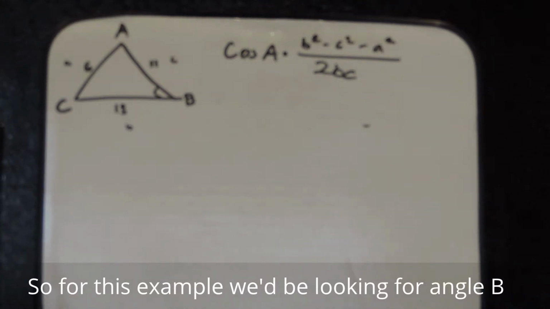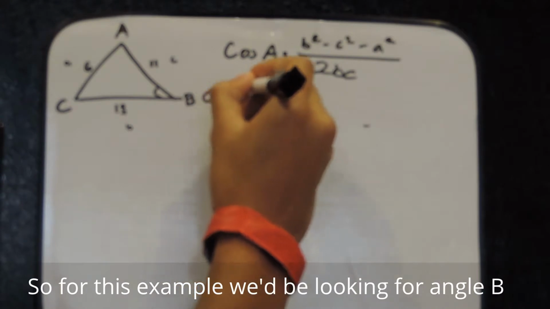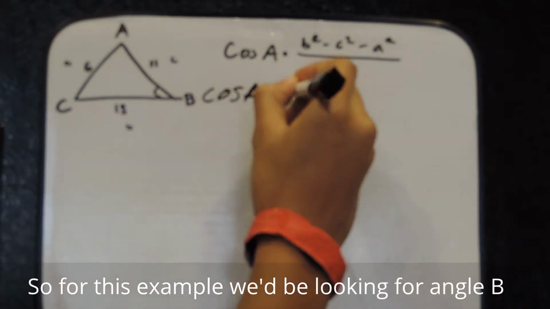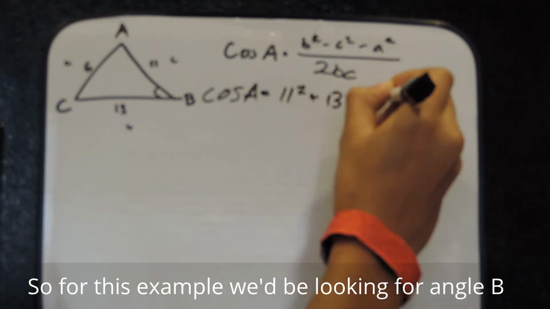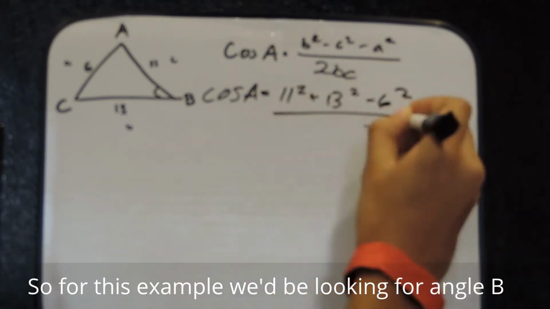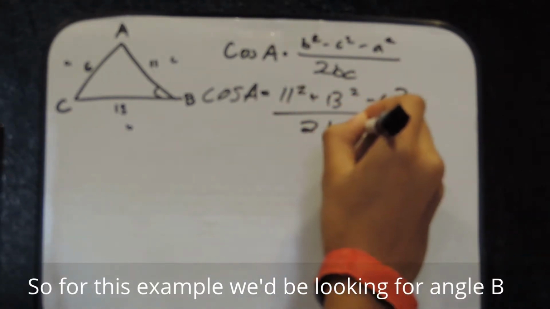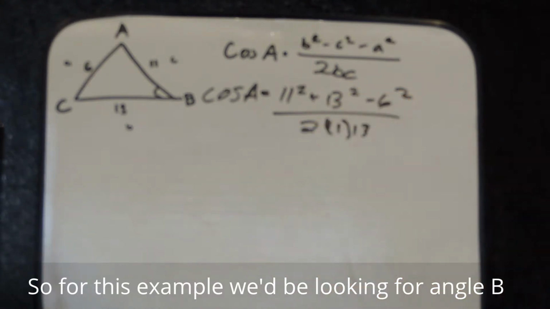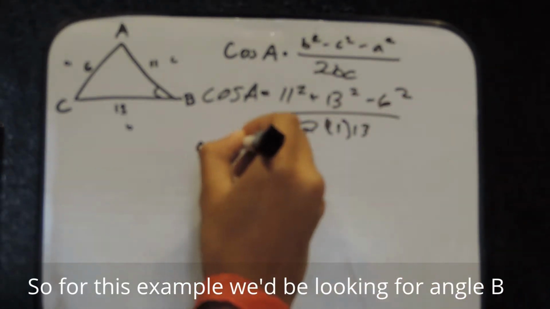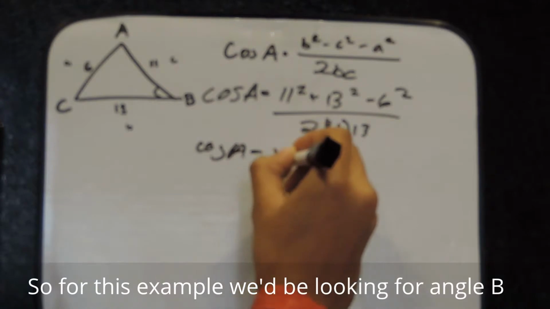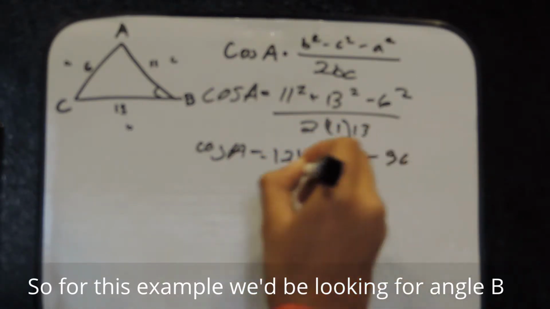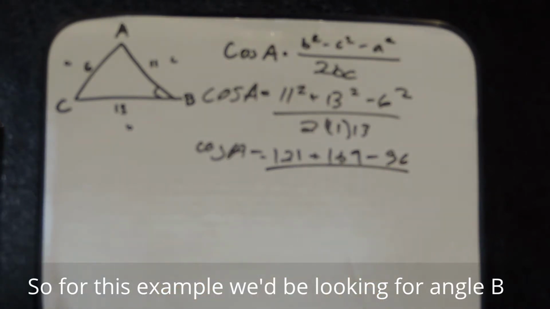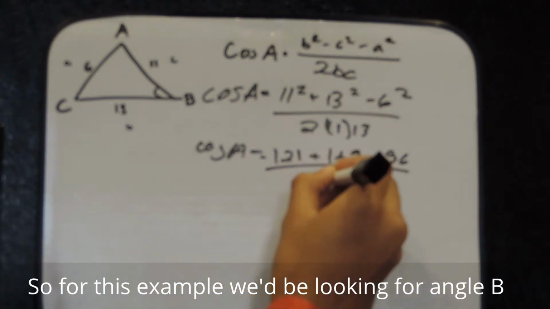So in this example, we'd be looking for angle A. So to write this out, we'll write cosine A equals 11 squared plus 13 squared minus 6 squared over 2 times 11 times 13. So in this case, we'll just simplify it. Cosine A equals 121 plus 169 minus 36 over 286.